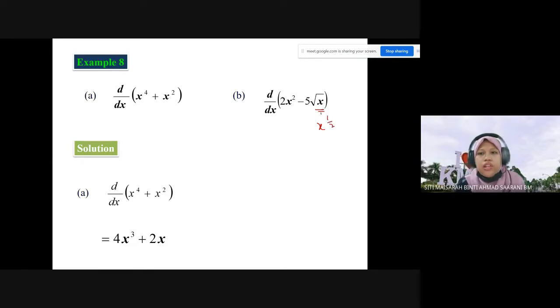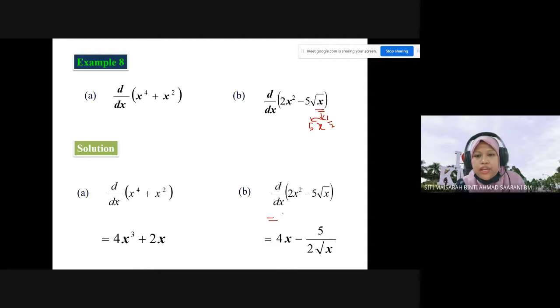Okay. Untuk ini. So then, kalau differentiate 2x square, dia akan jadi 2 darab 2, 4. X kuasa 2 tolak 1. So, akan jadi 4x tolak 5/2. Ini 1/2 kena darab dengan 5. Jadi 5/2. X kuasa 1/2 tolak 1. So dia akan jadi 4X tolak 5/2. X kuasa negatif 1/2.